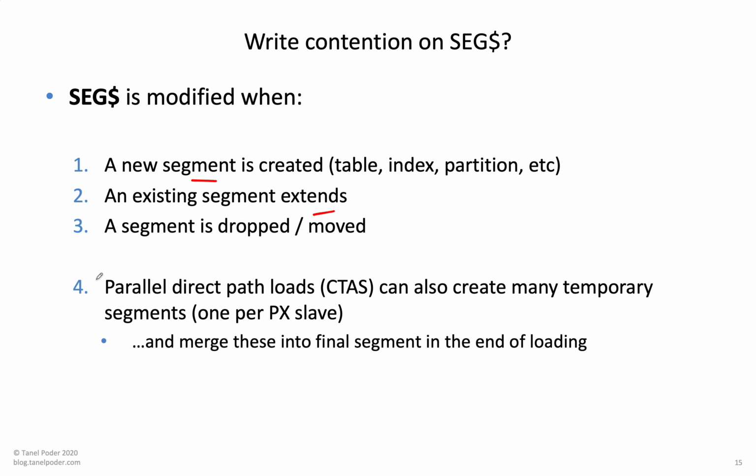And also, parallel direct path loads can create many temporary segments, especially in the older versions. So that's how it worked. You had parallel 96. Every slave created its own temporary segments. So you actually had 96 temporary segments, 96 inserts into seg$. And once the CTAS finished, there was a merge done.